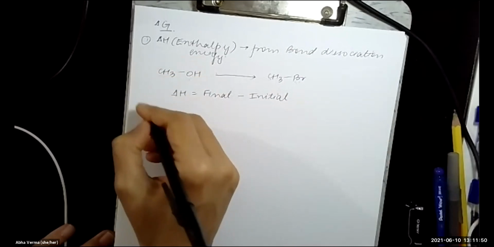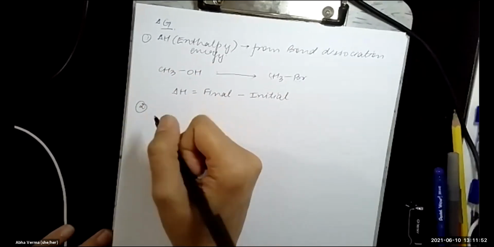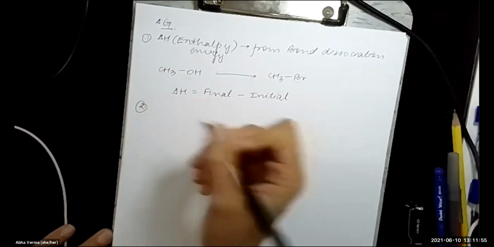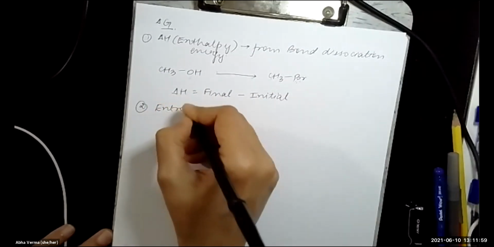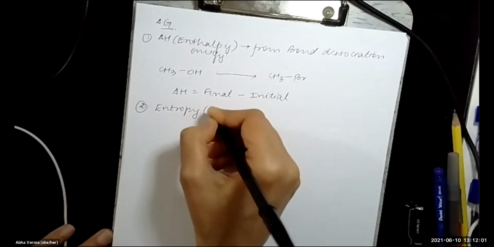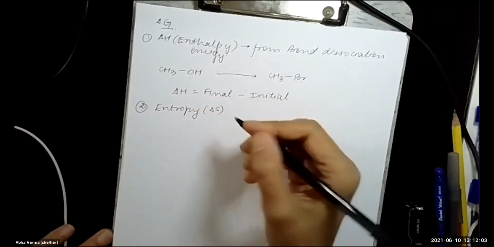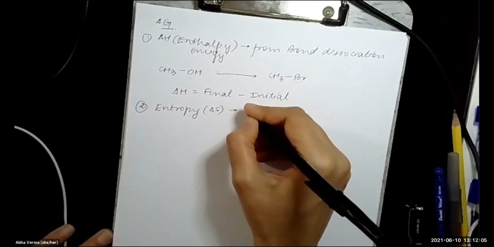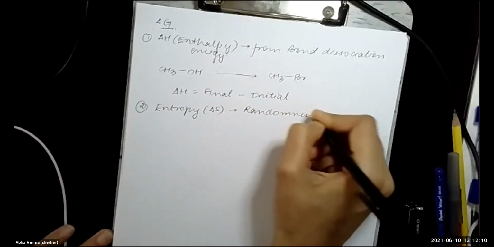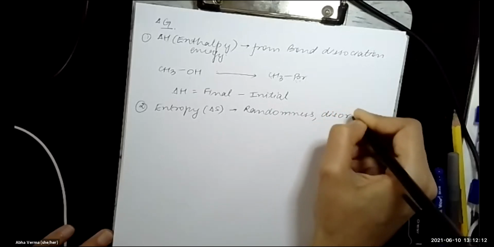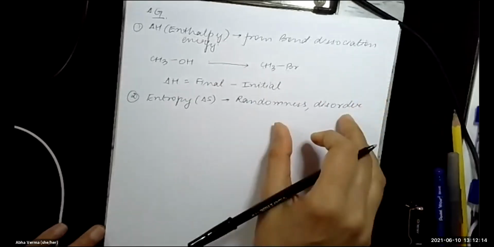The second factor that your Gibbs free energy, or Gibbs energy as we just simply call it, is dependent upon is entropy. Entropy is nothing but the amount of randomness or disorder that can be present.